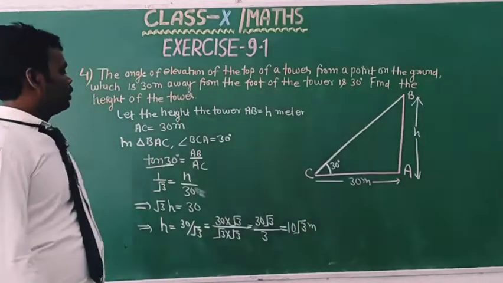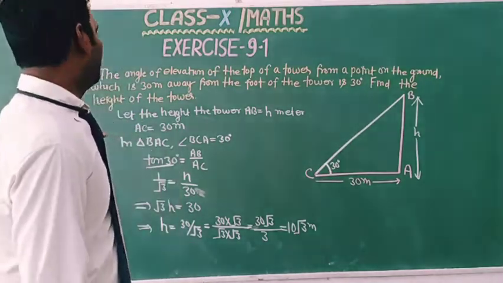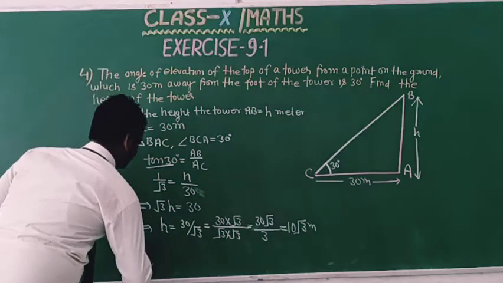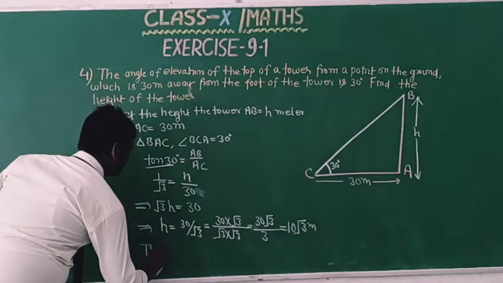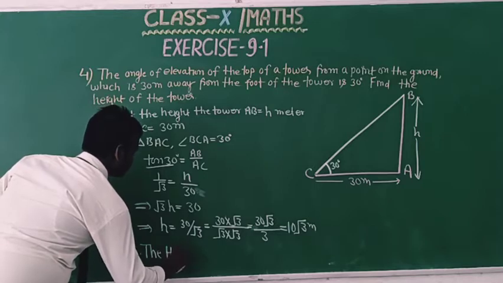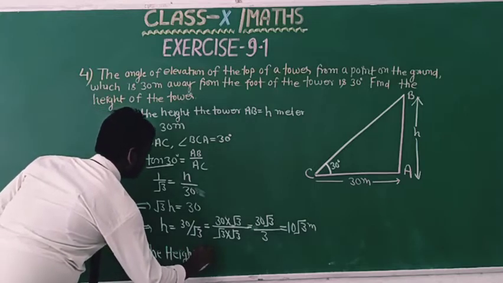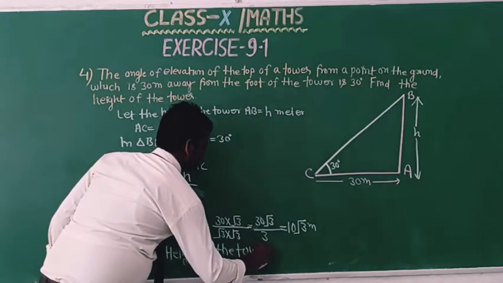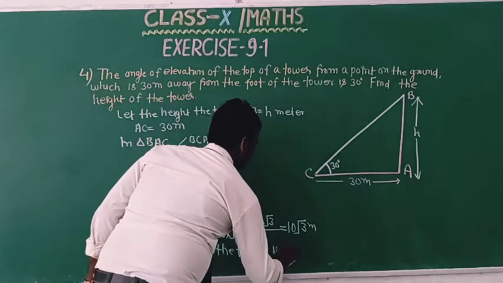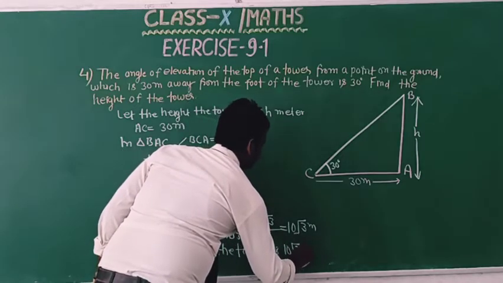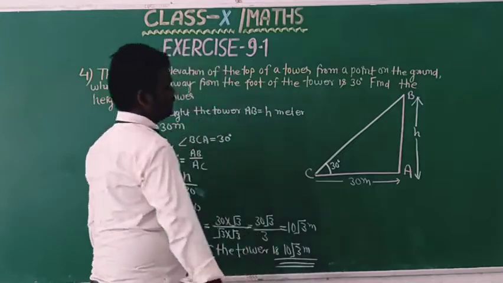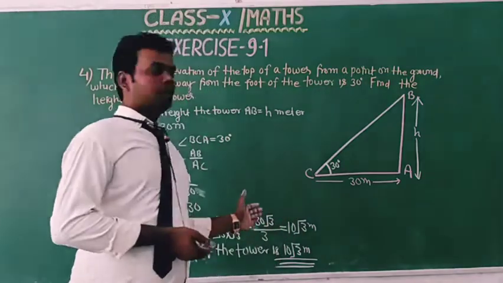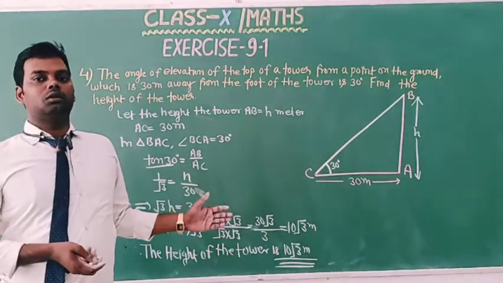So the height of the tower is 10 root 3 meter. Okay, children, this is the solution of question number 4.